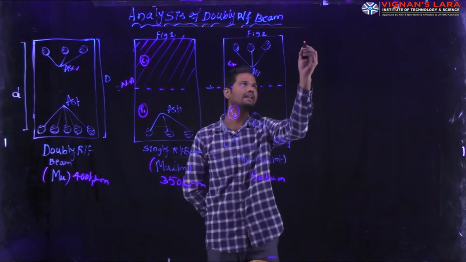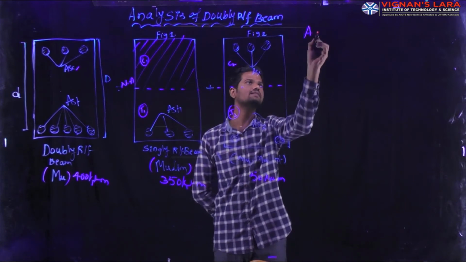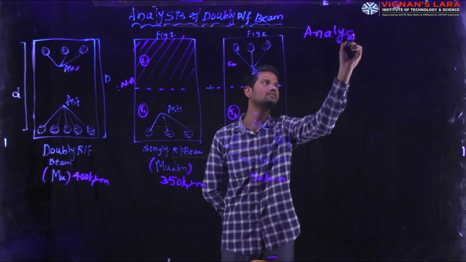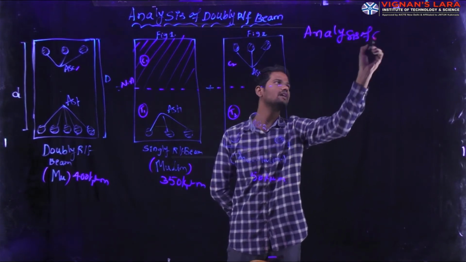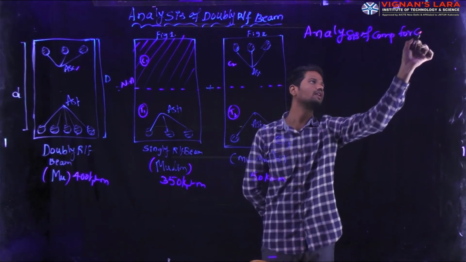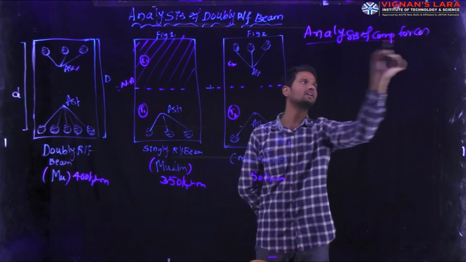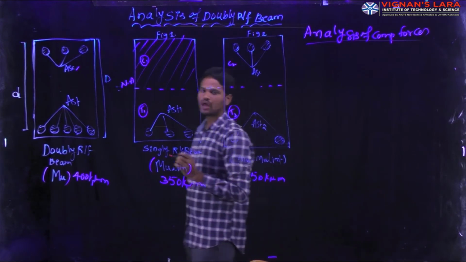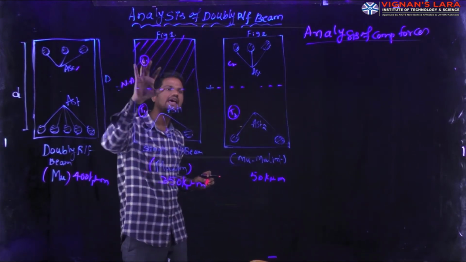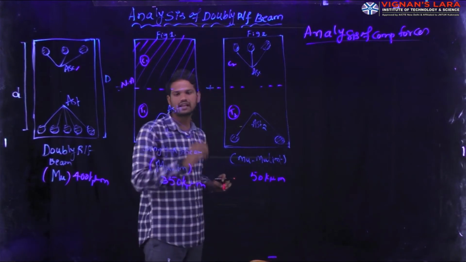Now I am writing here these terms: analysis of compressive forces. That analysis of compressive forces we have to calculate for this singly reinforced balanced section as well as for this additional section.